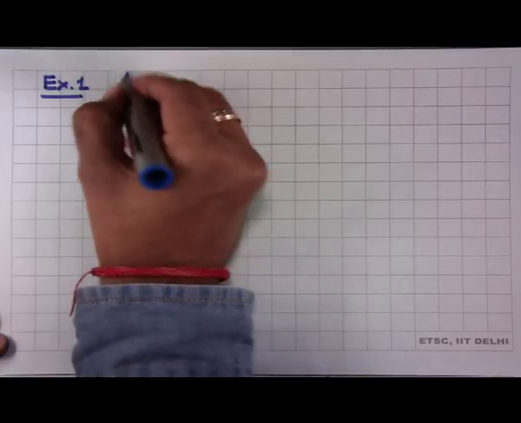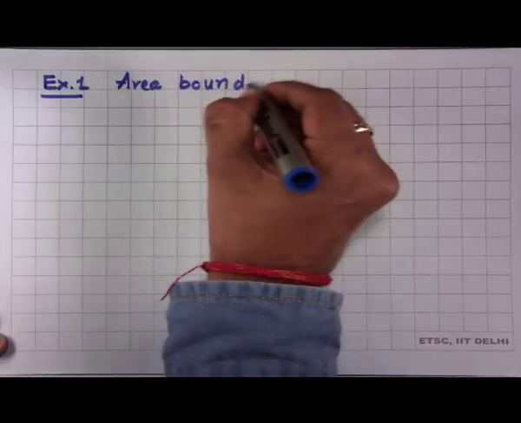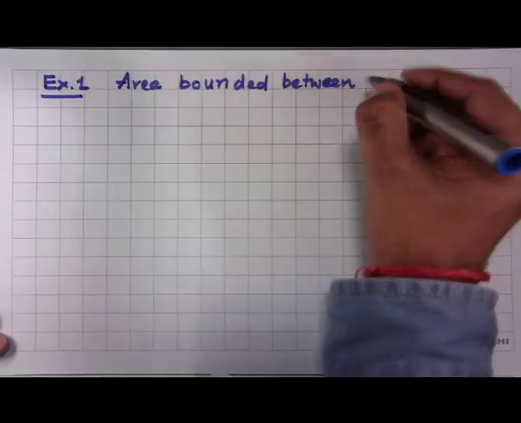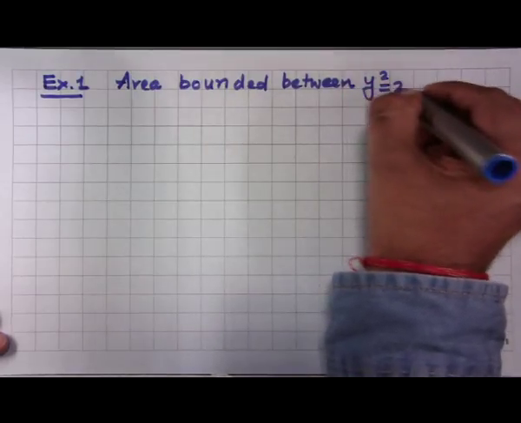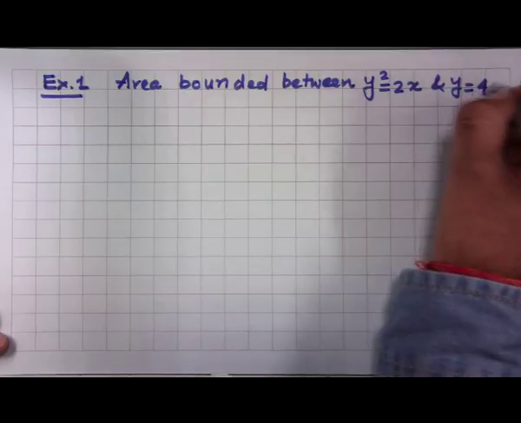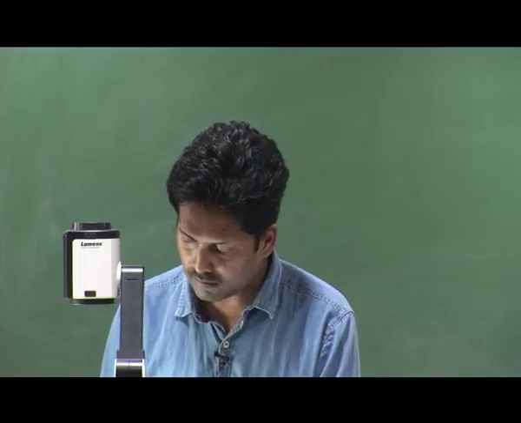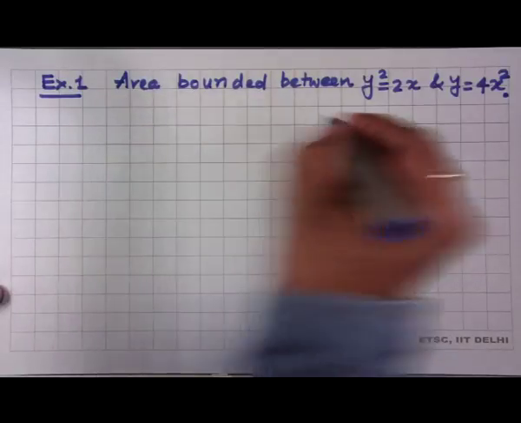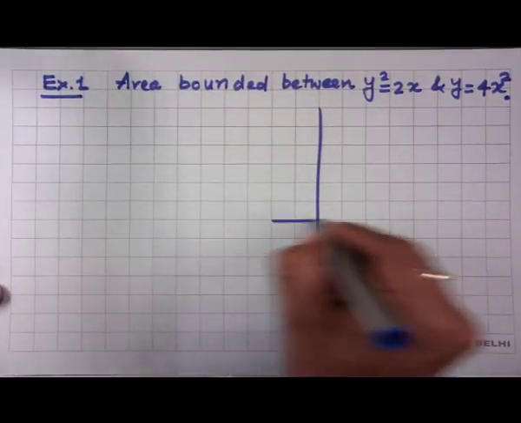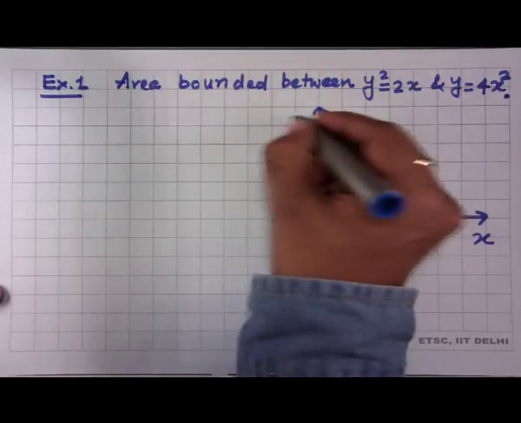So, find out the area bounded between y square equals 2x and y equals 4x square. Let us draw the curves, and see what region we are getting.